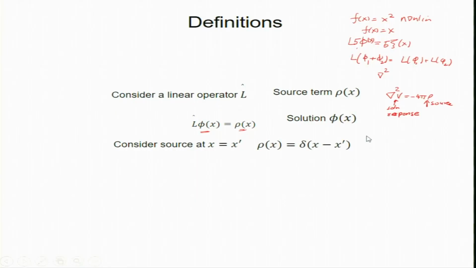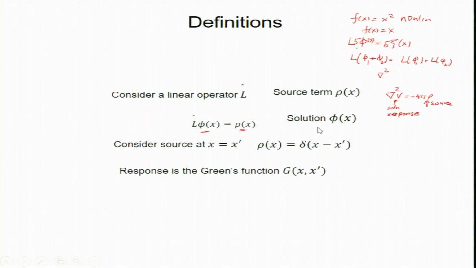Green's function is for a point source. So, my rho of x is not a general charge distribution, you make a point charge at x equal to x prime. It will not be charge, it could be some source. For a wave I do some disturbance at a given point. So, the response is the Green's function, that is the definition.